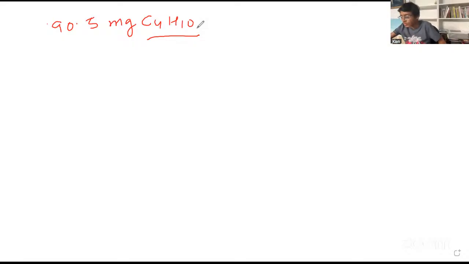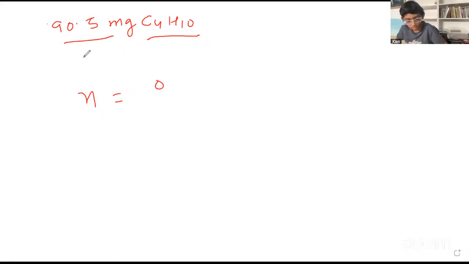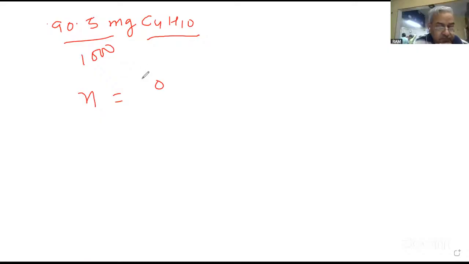So it's 58. Okay. Now the mole will be, this is 90.5 milligram. How much gram will it be? 0.0905, divided by 1000.